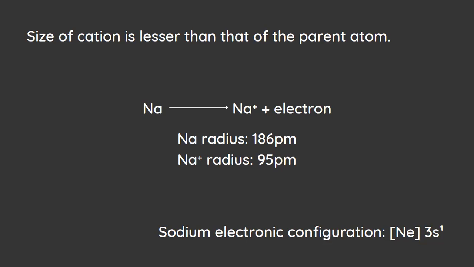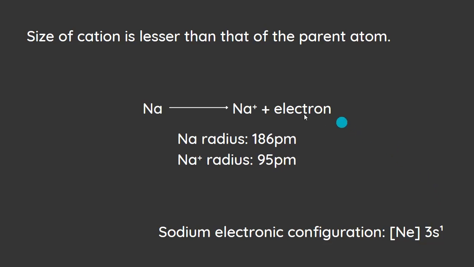So it's easier for this nucleus to pull the other electrons close to it because of the loss of one electron. And that is why the size of the cation is lesser than that of the parent atom.